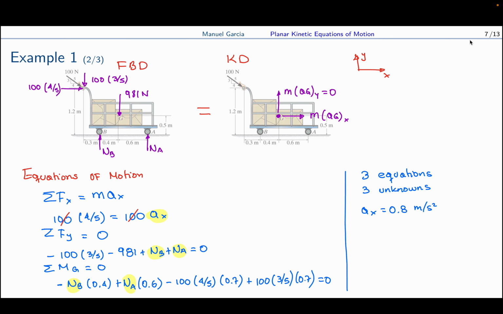Now we have these two equations for NA and NB, and we can solve NA from 1, replacing the second one. You can check the maths, and the result will be that NA is equal to 430 newtons and NB is equal to 611 newtons. So that's the final result.